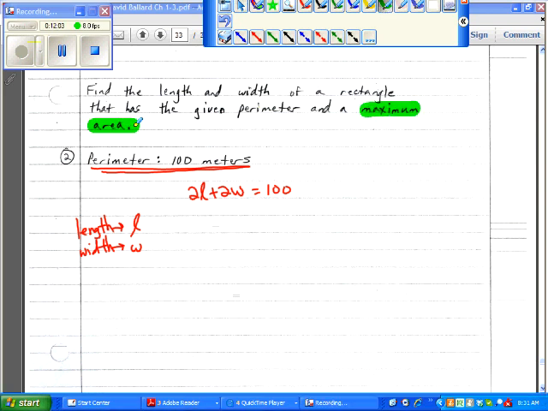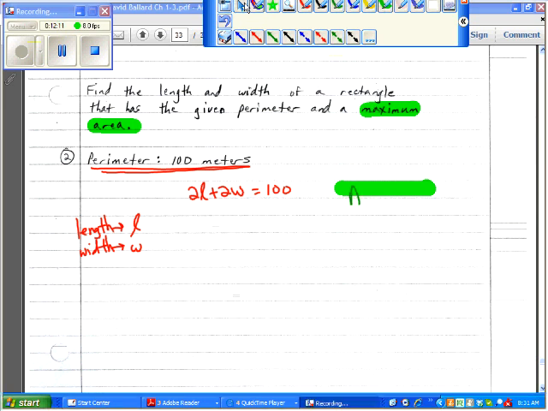Area. Well, what's the area formula? Length times width. And so area, which is length times width, needs to be a maximum. We want to maximize the area.